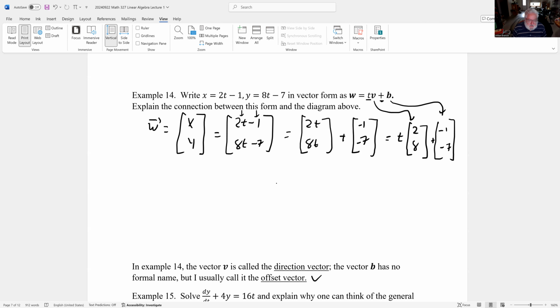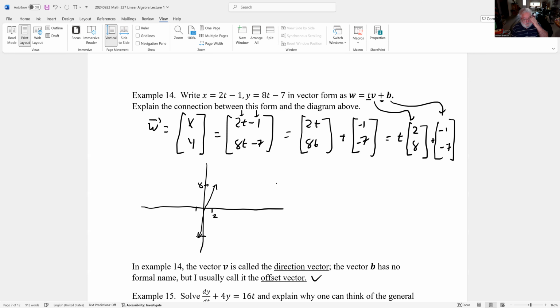So what does this mean about W? Well, 2 comma 8, put it like this, and minus 1 comma minus 7, somewhere down here.